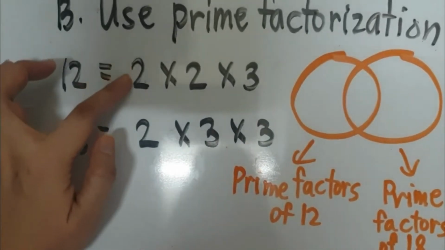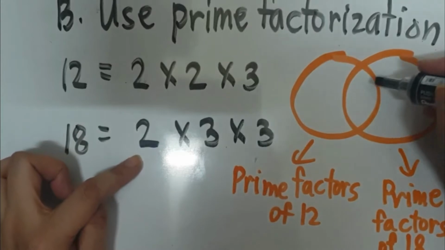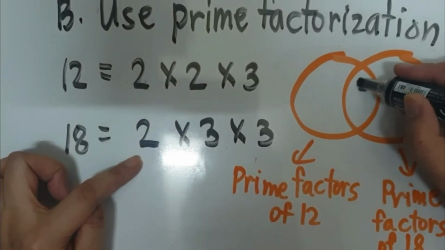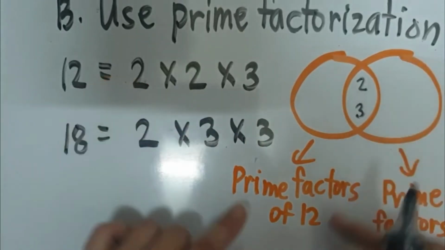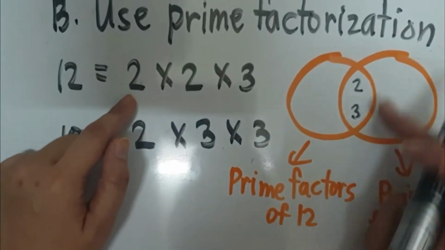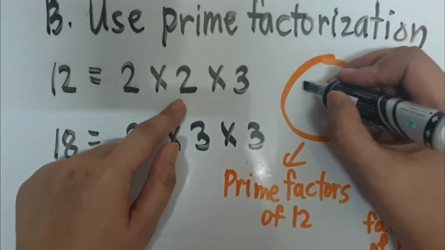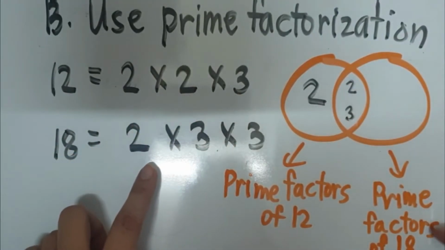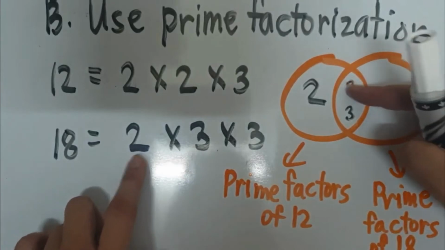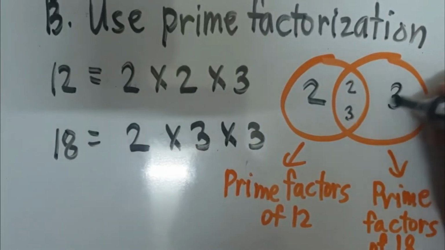As we can see, 2 is common to both, so we will write it in the middle. And 3 is common also, so we will write it. And then for the prime factors of 12, we have 2, and then another 2, and that is the 3. And then for the prime factors of 18, we have 2, we have 3, and another 3 here.